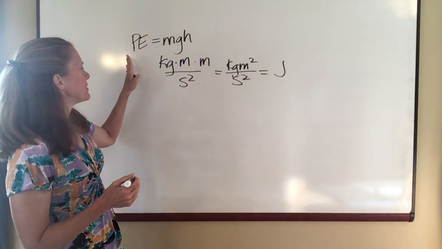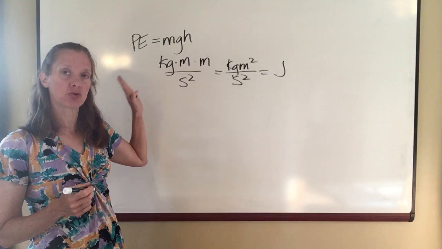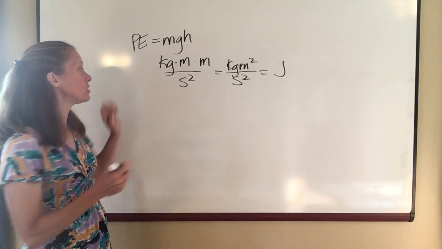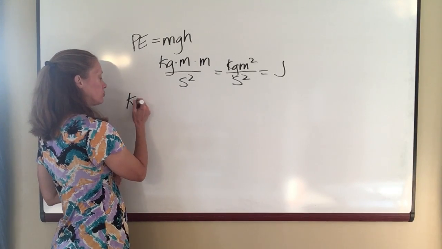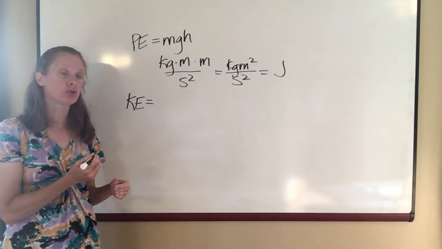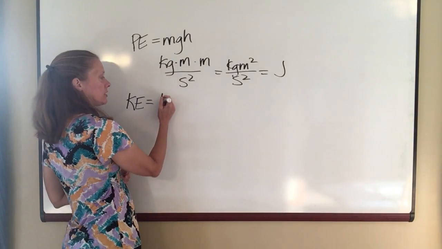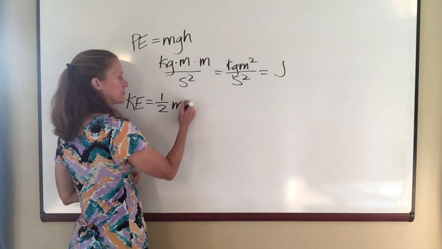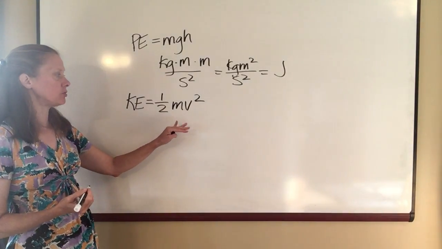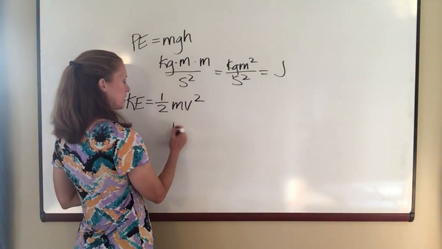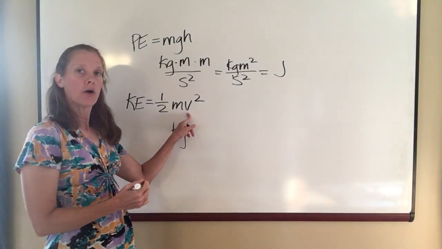Okay, so potential energy is stored energy, energy that's ready to be used at some point to do work. Kinetic energy is energy of motion. So the formula for kinetic energy is 1/2 times the mass times the velocity squared. Well, let's analyze these units. Again, your mass is going to be in kilograms.